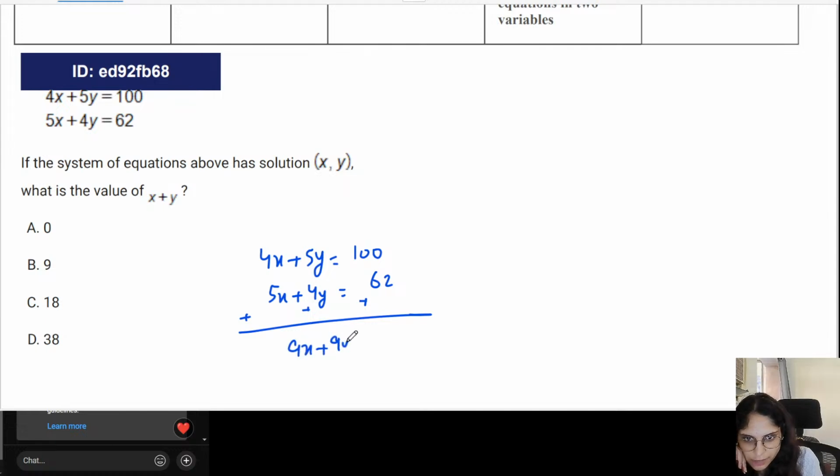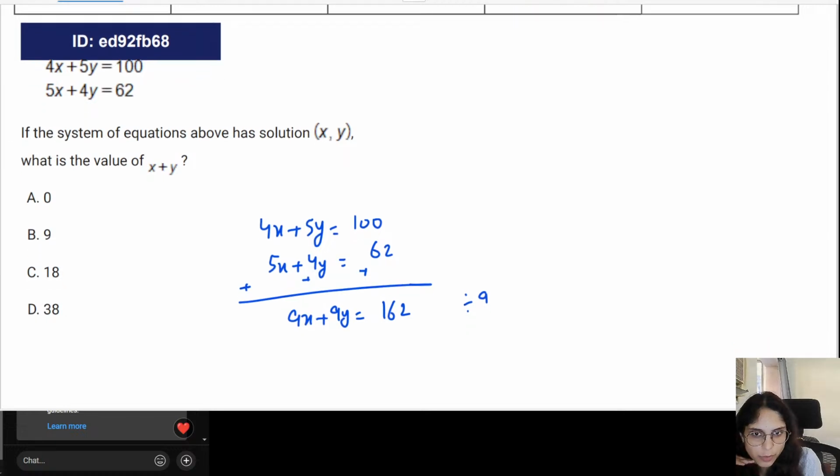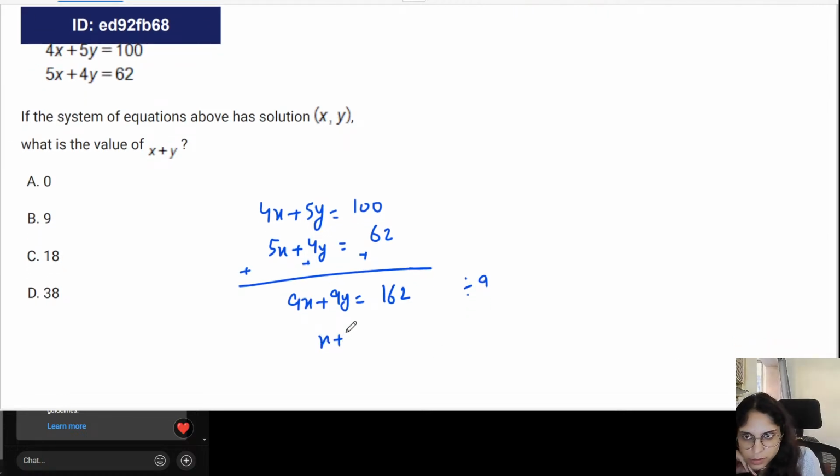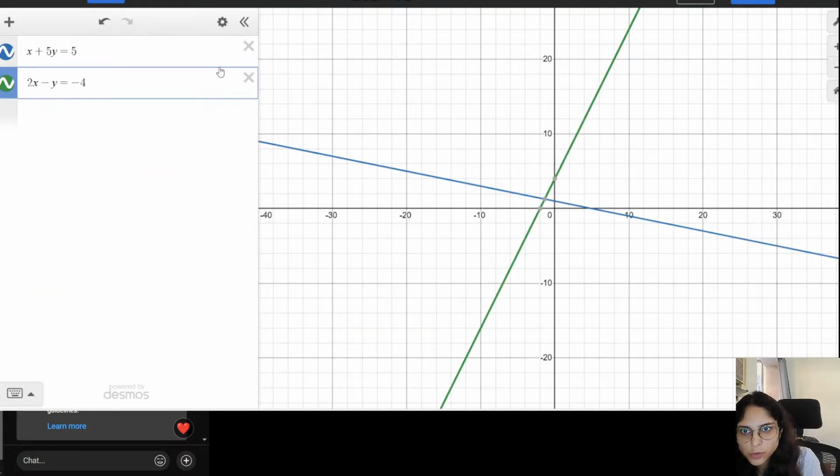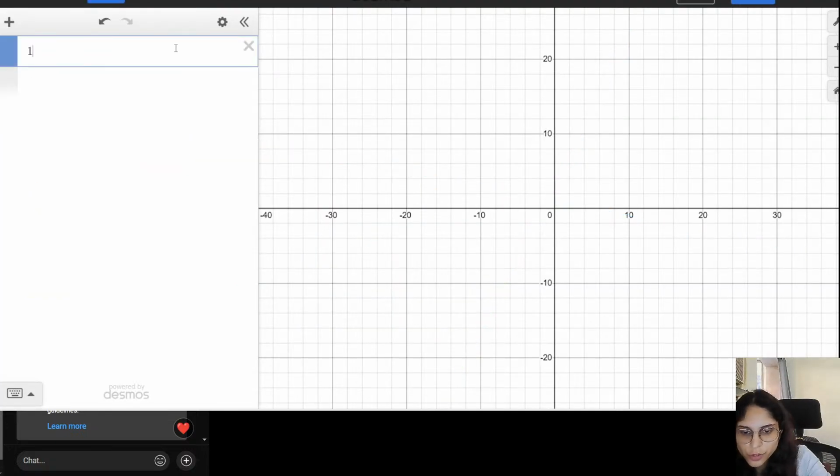9x plus 9y is equal to 162. Divide the entire equation by 9. x plus y is just going to be 162 over 9. So you just have to find out 162 over 9 in Desmos if you're not good with calculations.